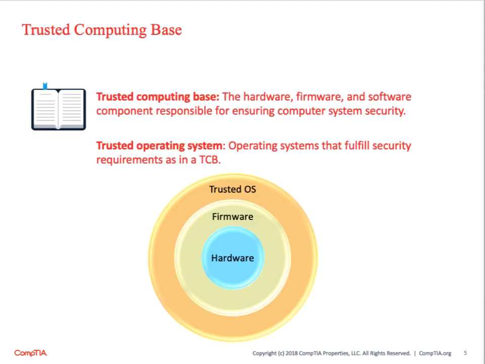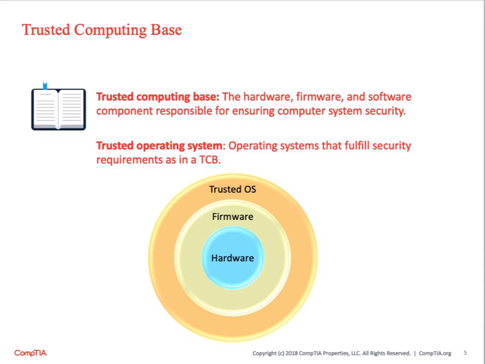The trusted computing base. The trusted computing base is a hardware, firmware, or software component of a computing system that is responsible for ensuring that the security policy is implemented and the system is secure. This means that the security properties of the system could be jeopardized should there be any defects inside this trusted computing base.